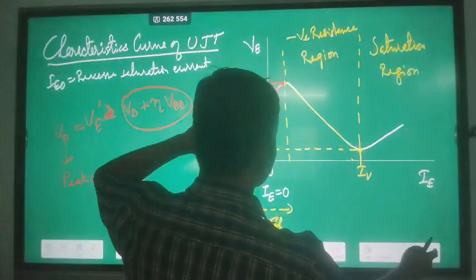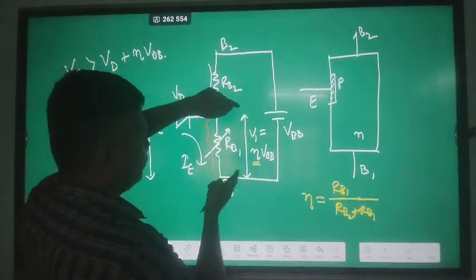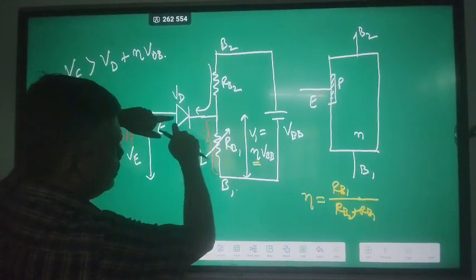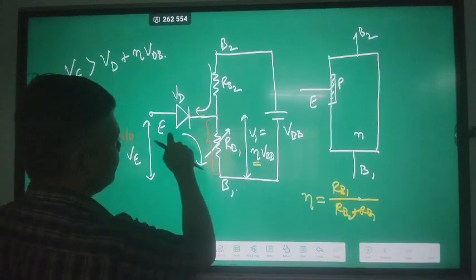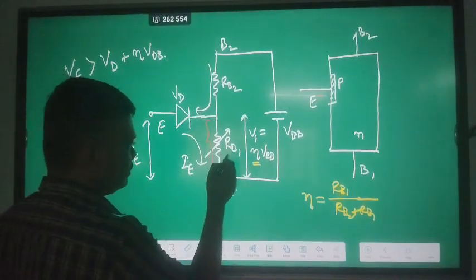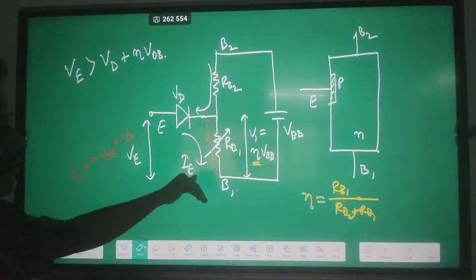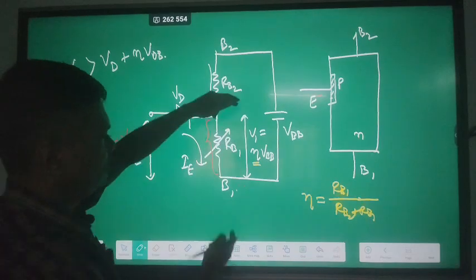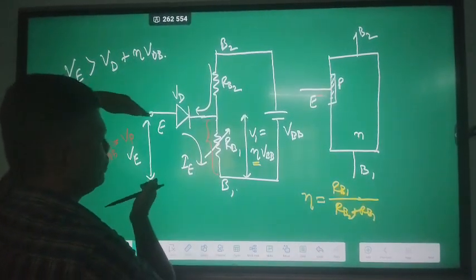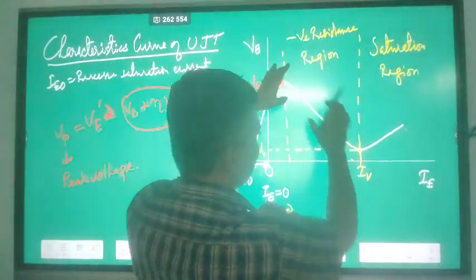Once I overcome this voltage V1, this diode will fire, and as this diode fires, current starts flowing, or the majority carriers start injecting into the UJT, and the internal resistance of the UJT, RB1, decreases as the conductivity increases, and because of that V1 decreases, and to maintain that IE current, the voltage required will be less, which is this portion.